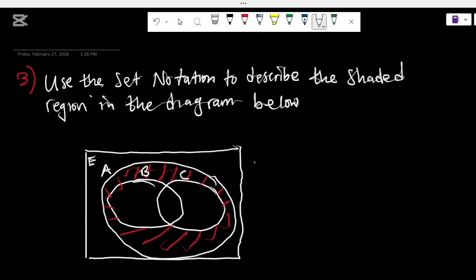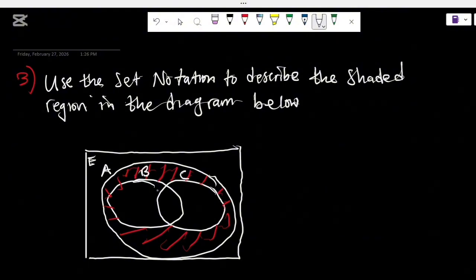I think this is not difficult to deal with, because if you are trying to describe this shaded region, then it's talking about the elements that are not in set B and C.